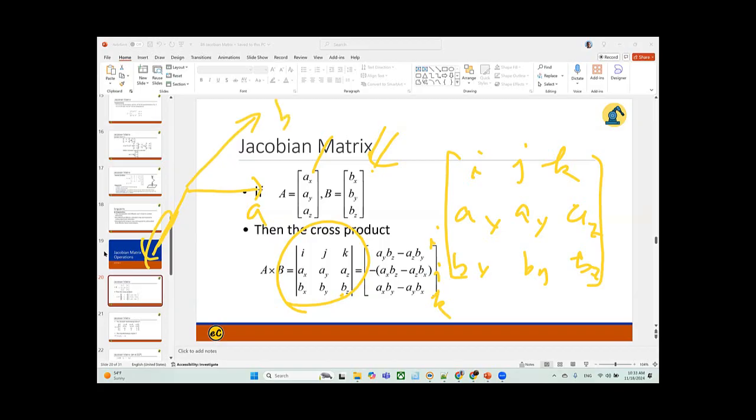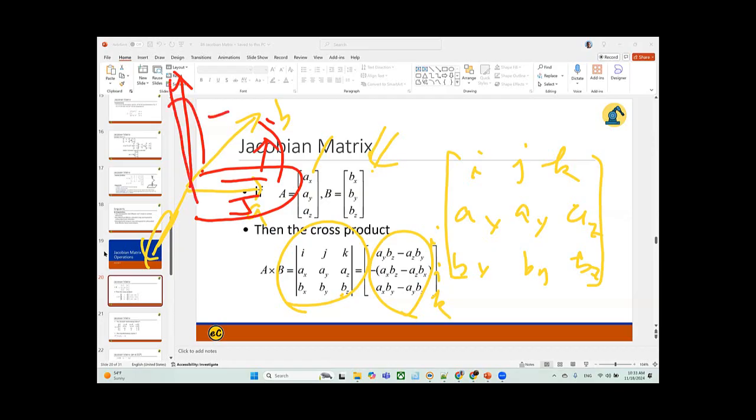Then the cross product would have a direction of crossover and then over here using the right hand rule. Okay, right hand fingers this way, palm this way. And then the thumb shows you where your cross product is. And the calculation of the cross product is right here.